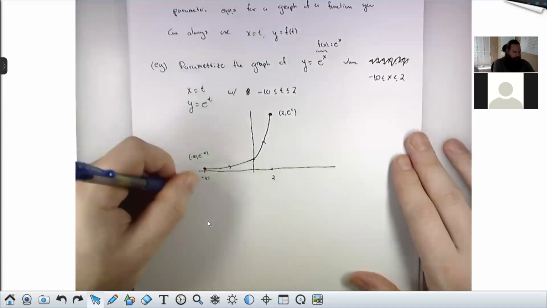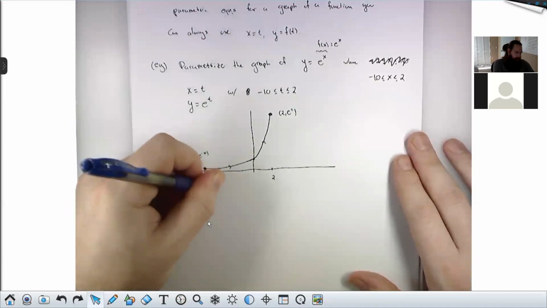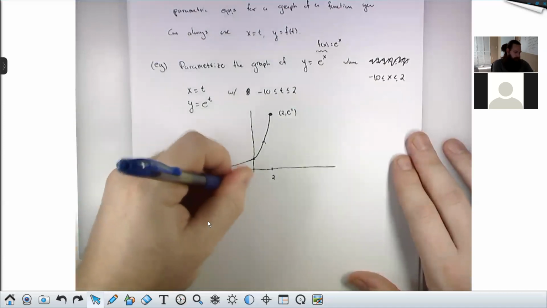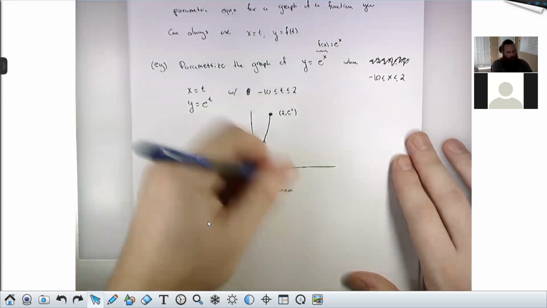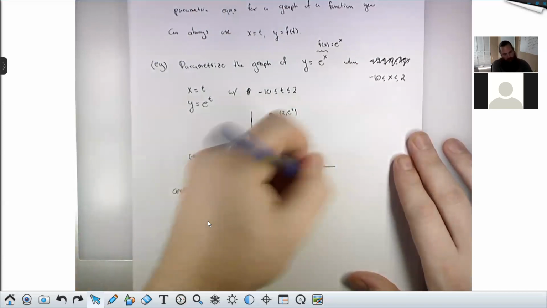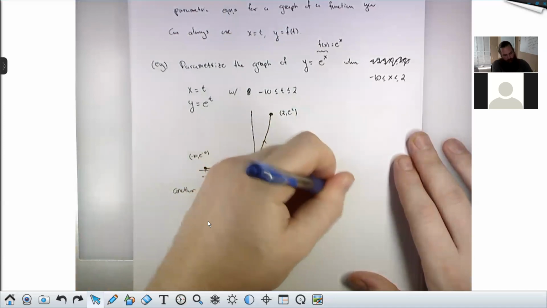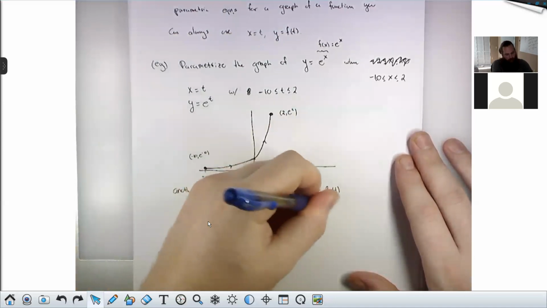Another option would have been x equals the natural log of t and y equals t.